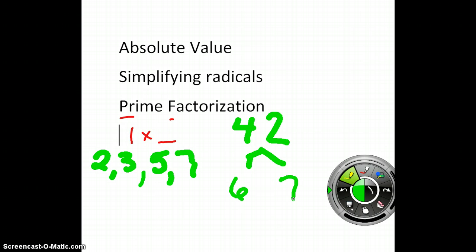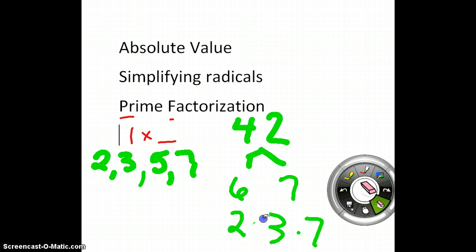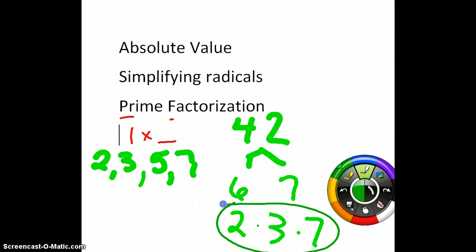But 6 is not prime, so you would further break that down to 2 and 3, and 7. So 2 times 3. Now let's look. Are we all prime? Each one of these numbers is prime. So the prime factorization of 42 is 2 times 3 times 7.